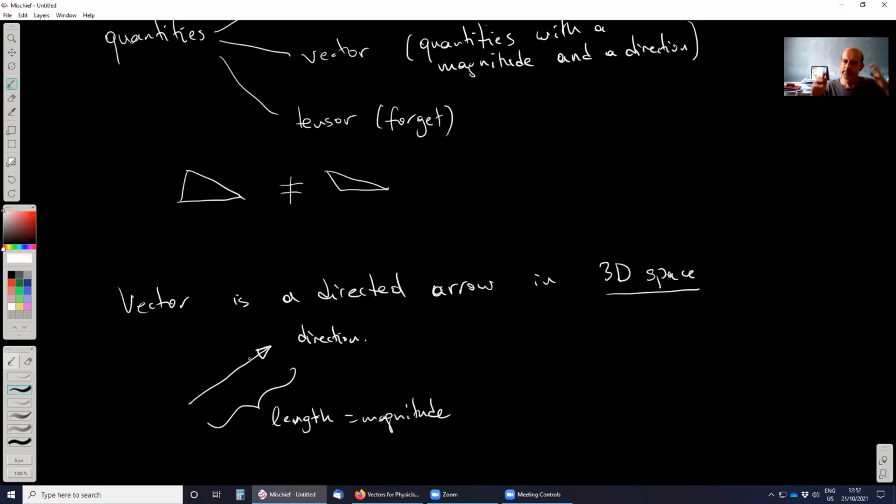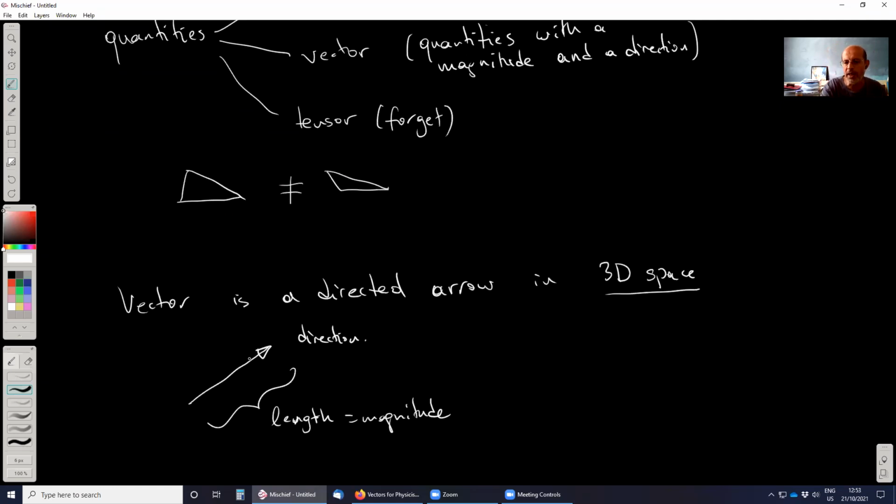Think of it like this. It's just a geometrical thing. Just like a triangle is a geometrical object, this arrow is also a geometrical object, but we are going to treat this mathematically. What is not intuitive is that on these directional arrows, we are going to define some mathematical operations.